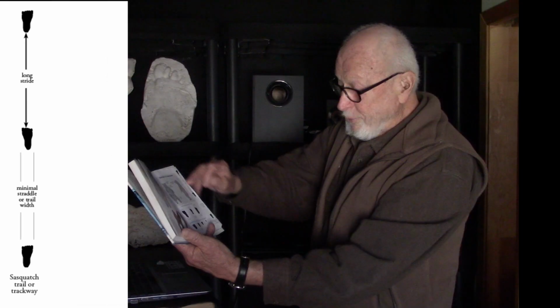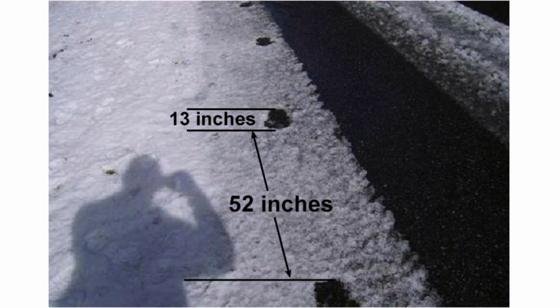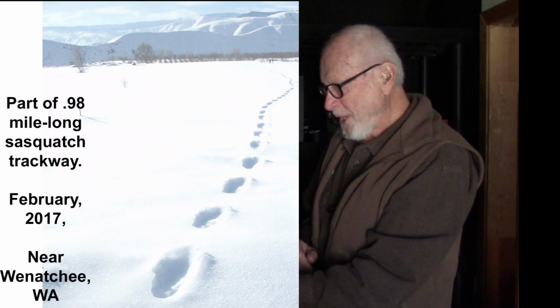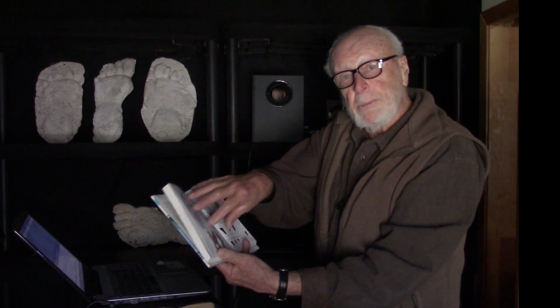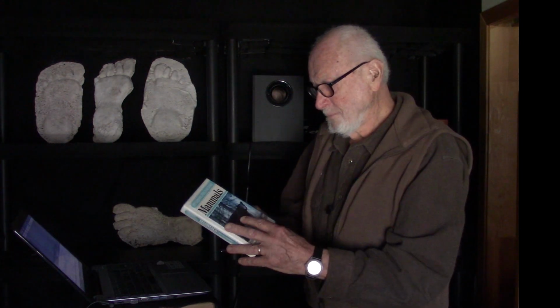I've actually addressed the trackway in another video about tracks in snow, because that's when we get to see the trackway, when we have snow as a substrate. But we can support this very confidently. Thank you very much.